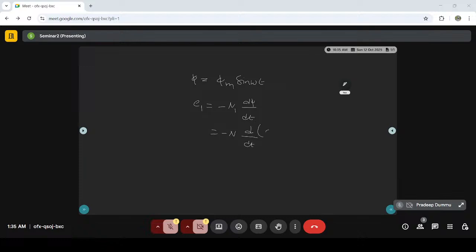Phi m sin omega t. If we differentiate, what is the answer? Omega cos omega t times N1. Then what is omega? 2 pi f N1 cos omega t.